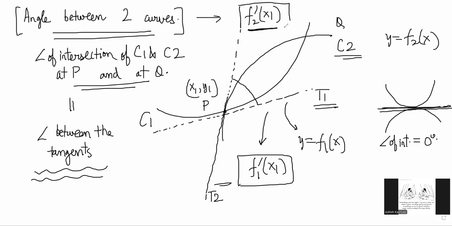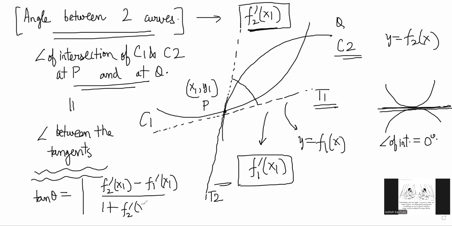So if these are the two slopes, the angle between the tangents would be tan theta equals the modulus of (m1 minus m2) by (1 plus m1 m2), right? That is, (f2'(x1) minus f1'(x1)) by (1 plus f2'(x1) times f1'(x1)).